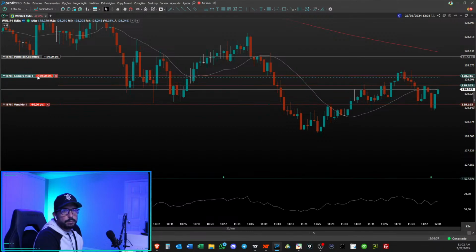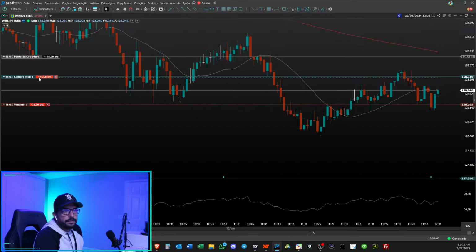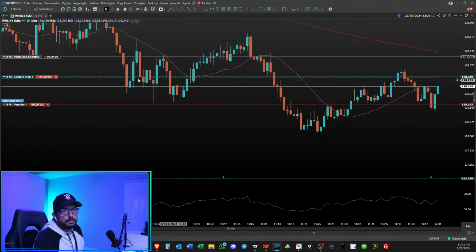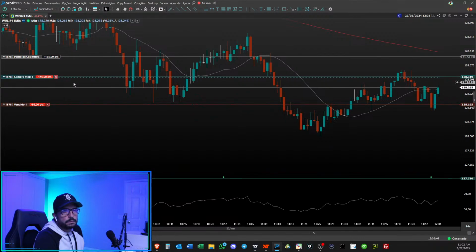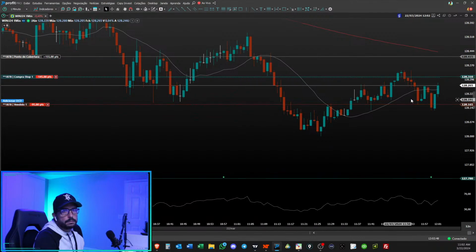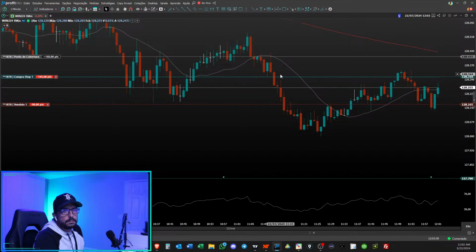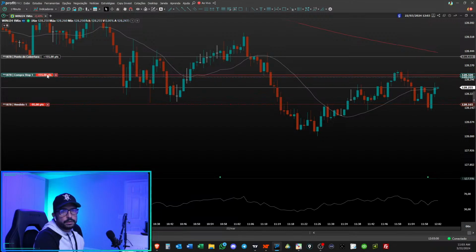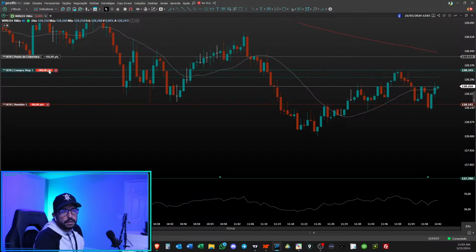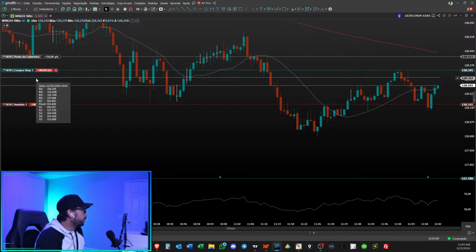I don't know if I should have put it right there, 150 points, a little bigger. 178. We still got a little room to not be negative, like right there. I think that's more reasonable. I like a 150 point stop on the mini index.